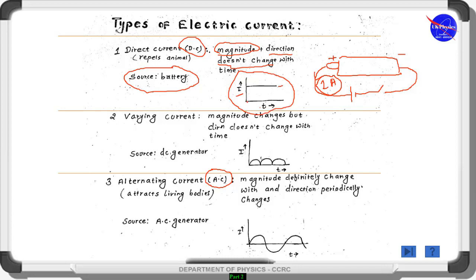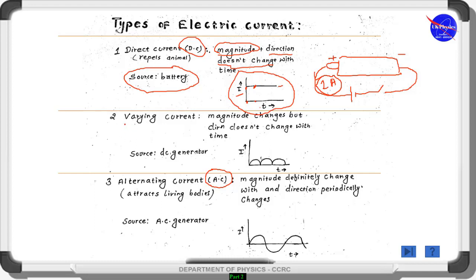Here you can see at time 0, I is this value, and as time runs, there is no change in the value of current. That means with respect to time, the value of current remains always constant.